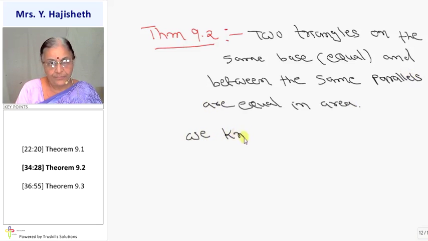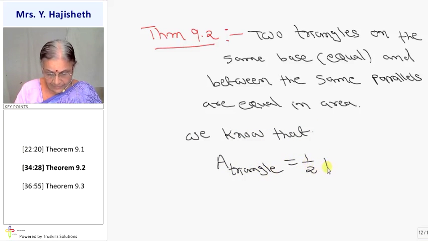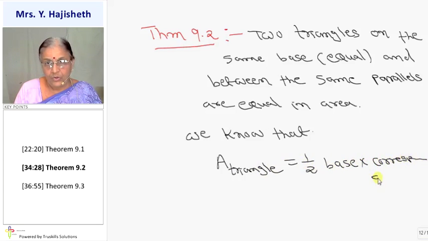What do you know about the area of a triangle? We know that the area of a triangle is 1/2 base into corresponding altitude. Okay, for whichever base, its corresponding altitude.